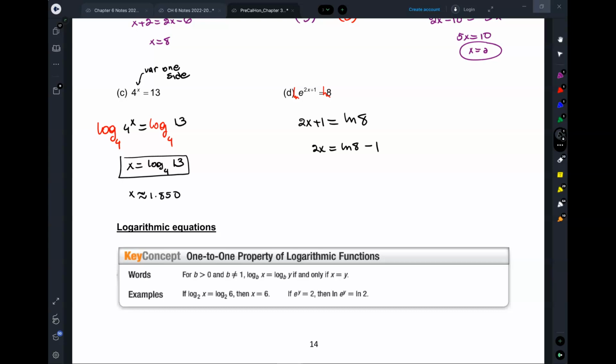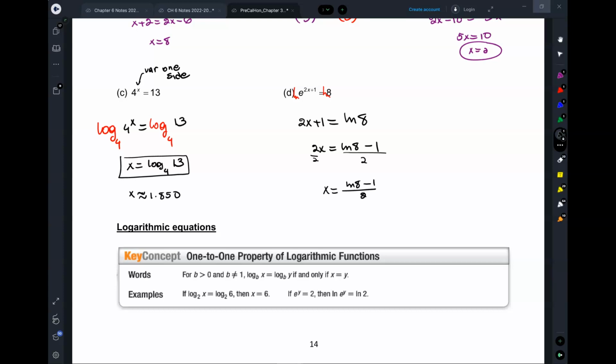It's ln of 8 minus 1. Then I need to divide everything by 2. So x is ln of 8 minus 1 all over 2. And then you guys know how to put it in decimals if you need to. Okay?